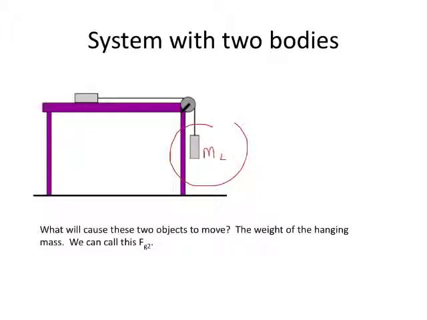And the force of that mass that does this is the force of gravity, or Fg2, which is going to be equal to mass 2 times gravity. So, mass 2, or the falling mass, causes the object to move. So, weight of the hanging or falling mass.